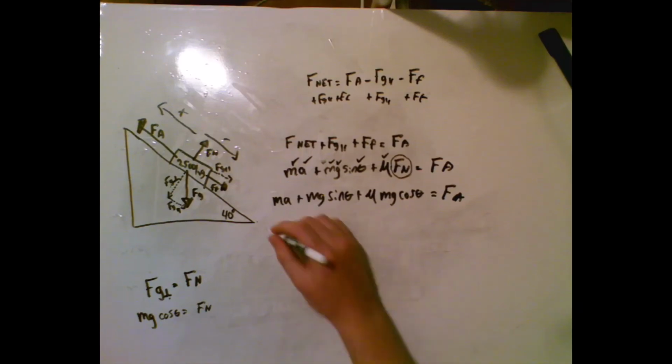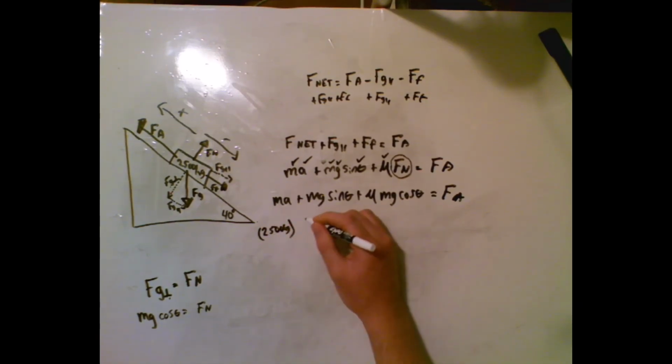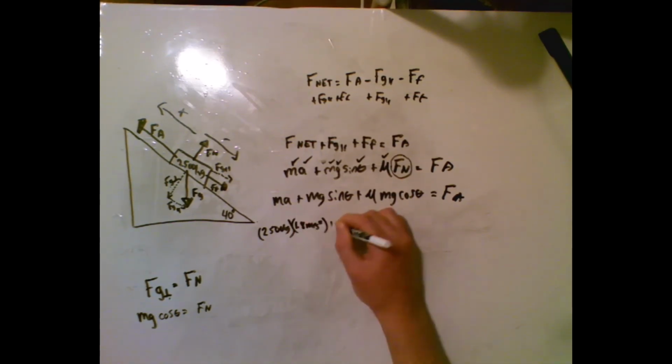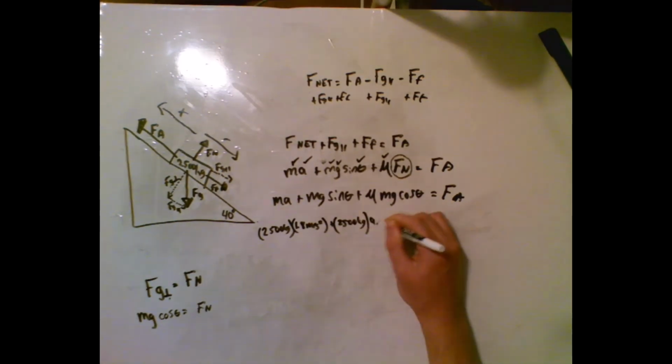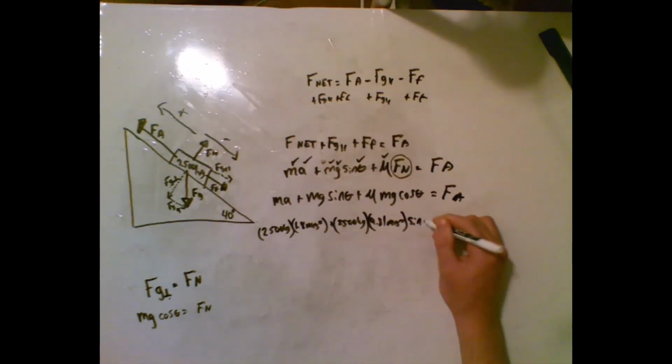So the mass of my truck is 2,500 kilograms. My acceleration is 1.8 meters per second squared. My mass is 2,500 kilograms. My g is 9.81. And then sine of our angle, which is 40 degrees.